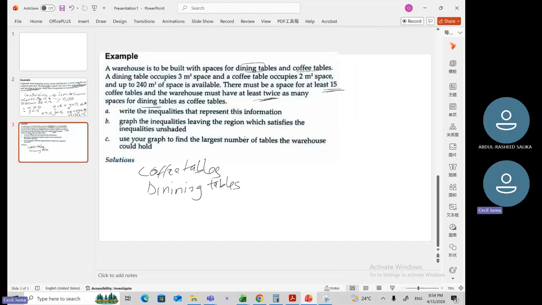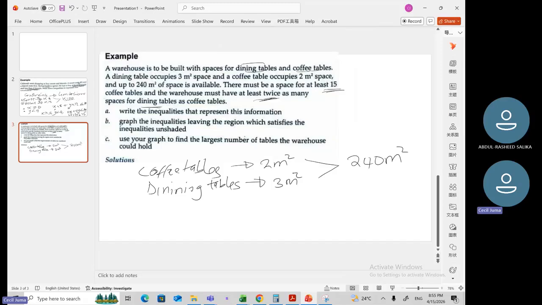Each dining table is occupying 3 square meters, and each coffee table is occupying 2 square meters. The total space should not exceed 240 square meters.